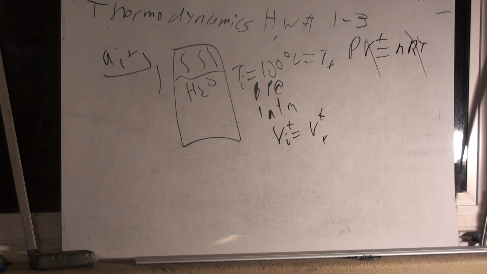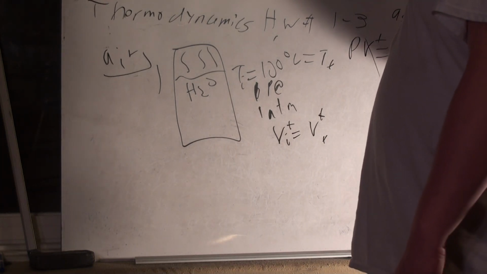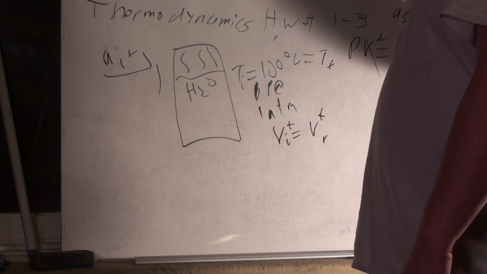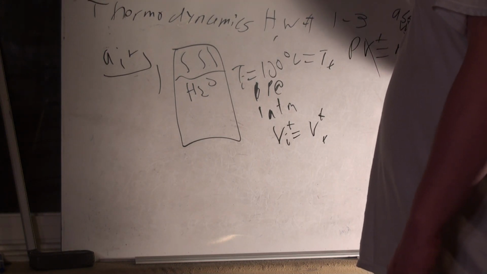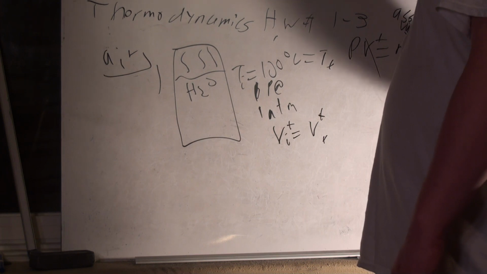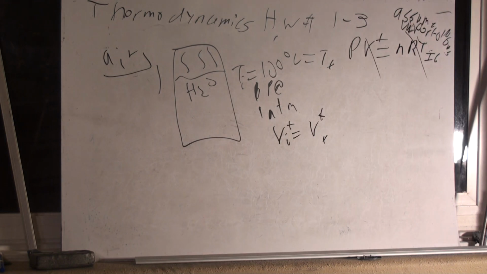That's probably a good assumption, but we write down our picture, we write down what we know, and then finally we write down our assumptions. So assume that the vapor follows ideal gas, which it doesn't, but we're just going to say that it does, and that the total pressure is going to change.